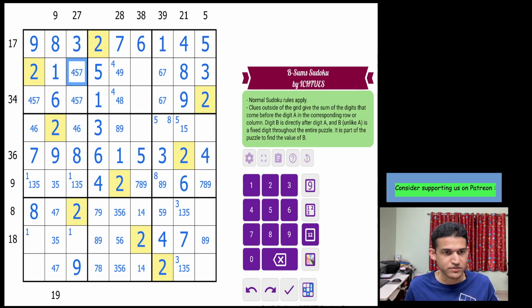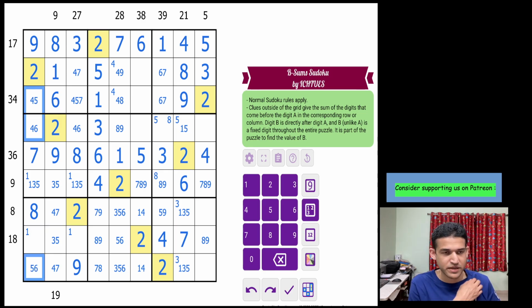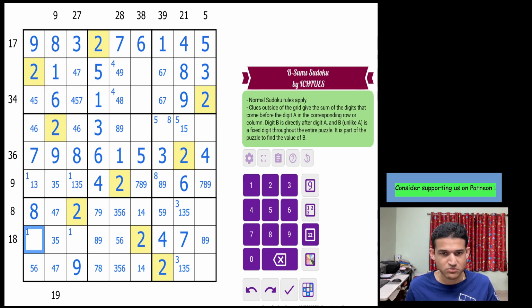This is a 5, this is not a 5, this is not a 7. Okay, 5 6 is in here, which means in this box 5 and 6 is post here, and now that gives us a 4 5 6 triplet in column 1. That's not a 5, which means this is 1 and 3.